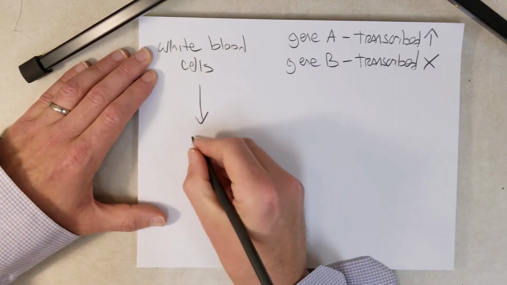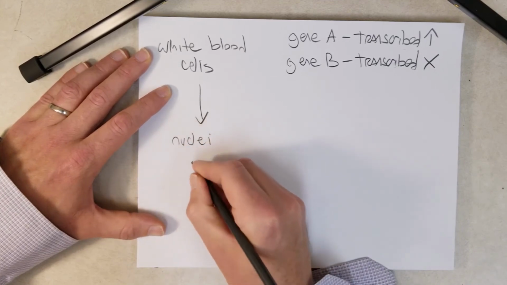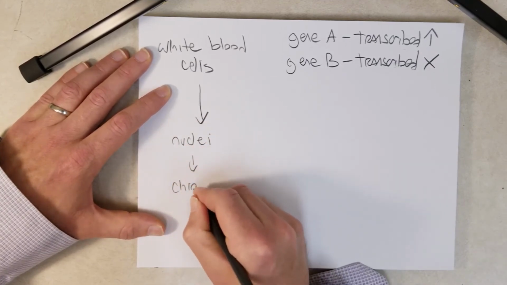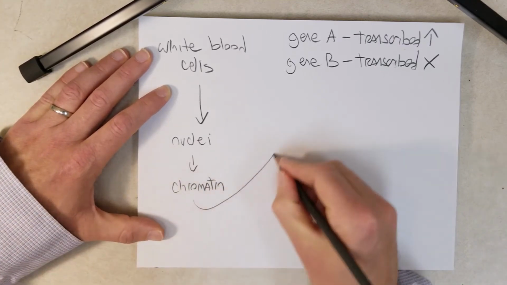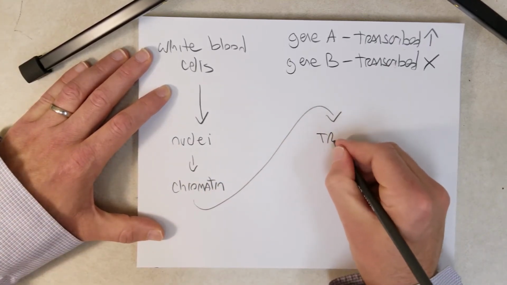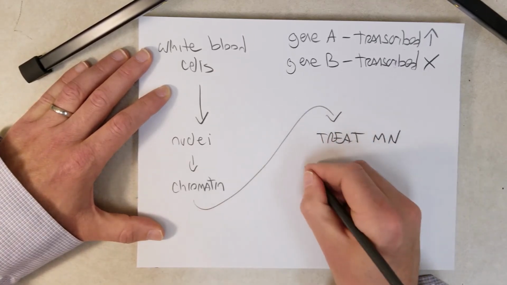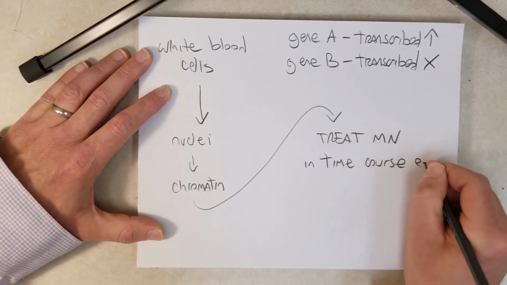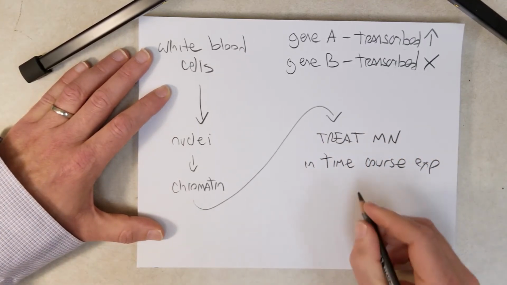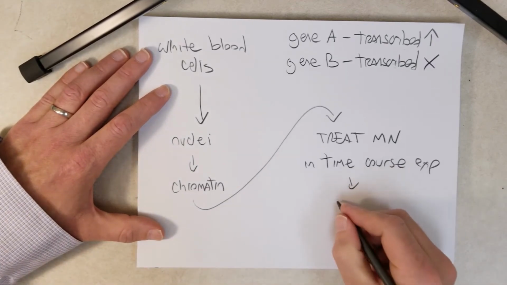So what do we do? We get the cells, then we get the nuclei, then we get the chromatin, and then we perform the micrococcal nuclease assay. So essentially we treat the chromatin with micrococcal nuclease in a time course experiment, where we're stopping the reaction after 5 minutes, 15 minutes, 30 minutes.